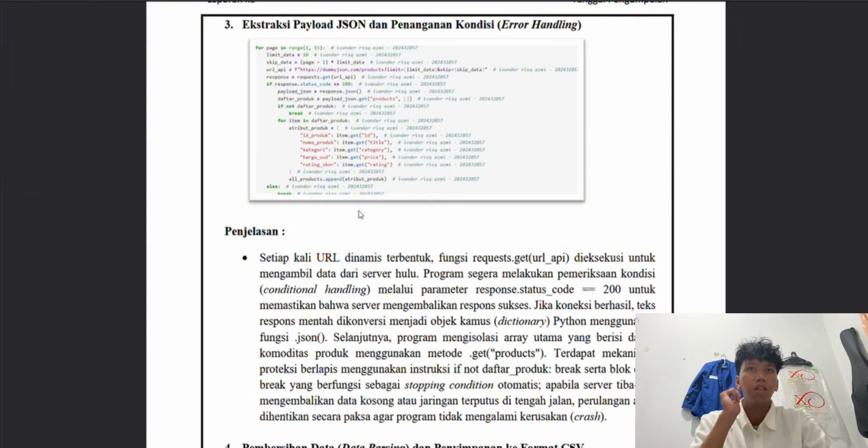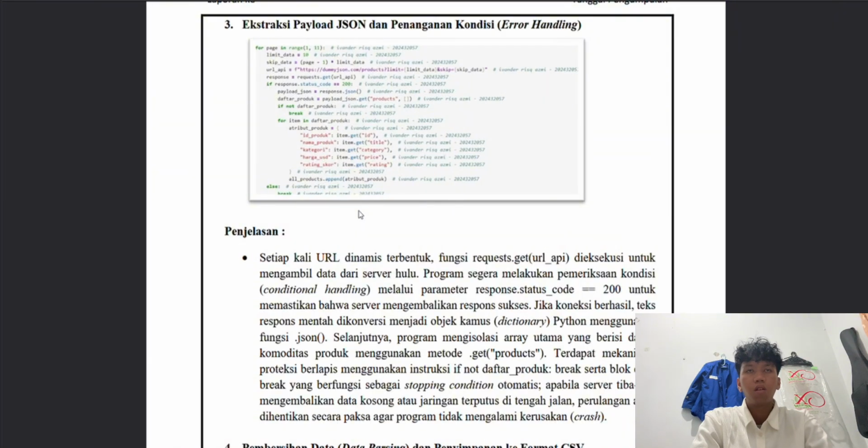To safeguard the integrity of the data pipeline, the program performs a conditional check via the parameter if response.status_code equals 200, to ensure the server returns a successful response status. If the connection is successful, the raw response content is converted into a Python dictionary object using the json method. Next, the program isolates the main array containing the list of products using the get products method.